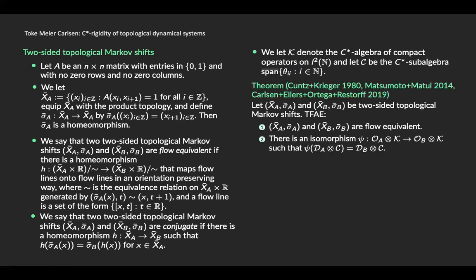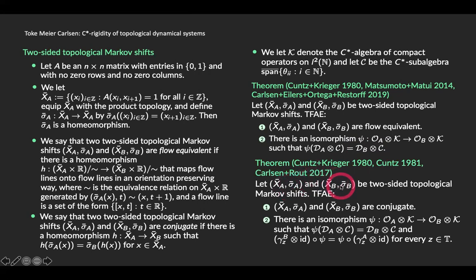Then two topological Markov shifts are flow equivalent exactly when there is an isomorphism between the stabilized Cuntz–Krieger algebras that maps D_A tensor C onto D_B tensor C. And similarly, two topological Markov shifts are conjugate exactly when there's an isomorphism between the stabilized Cuntz–Krieger algebras that maps D_A tensor C onto D_B tensor C and intertwines the stabilized gauge actions.